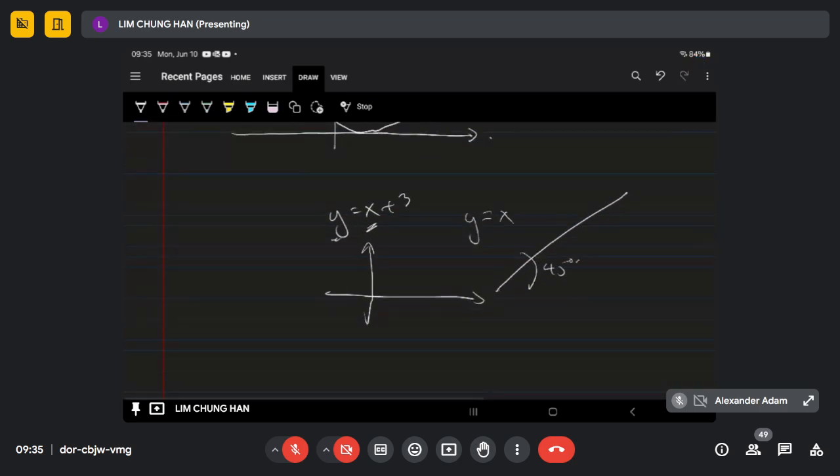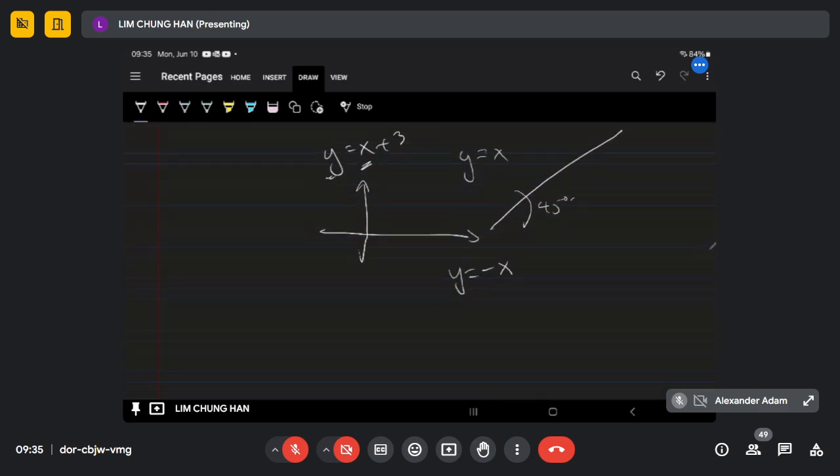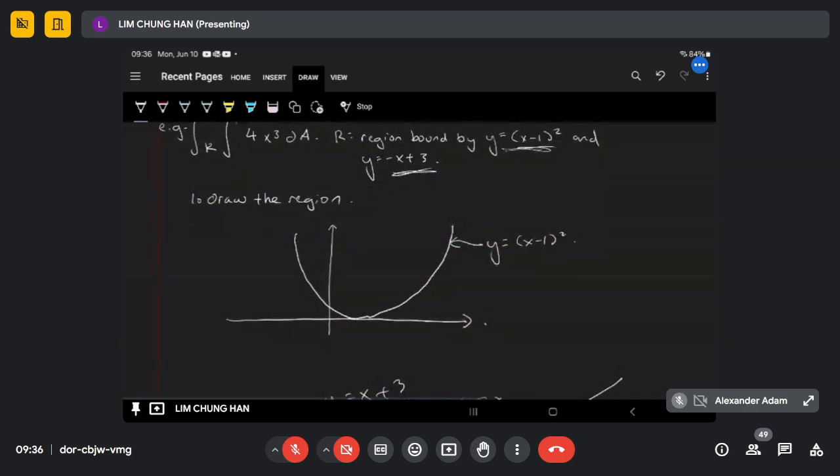Yes. y equals negative x is what? 45-degree the other way. Agree? Yes. Good. What about the plus 3? The plus 3 is the y-intercept, right? So therefore, this is negative x, so it's going the other way.